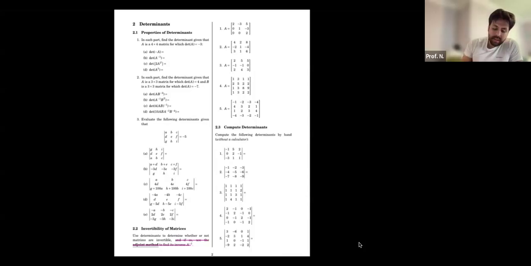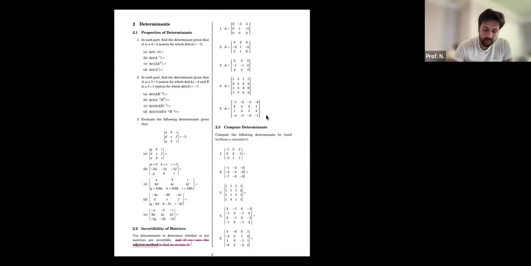Any particular questions you want to do from any of these sections? Determinants, subspaces? If not, then it's okay.